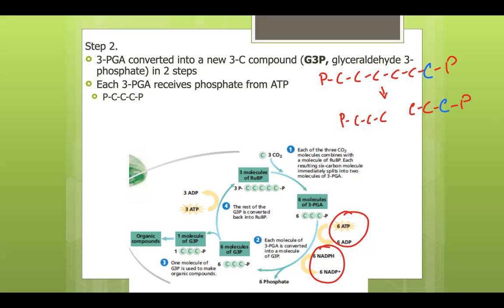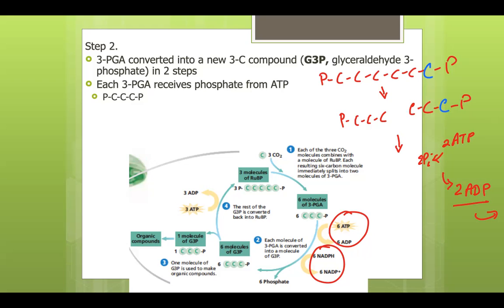Now you're going to use ATP, and you need 2 ATP. So you take a phosphate off of each one, so you're left with 2 ADP. And this goes back to the light reactions. These 2 phosphates are going to be put on the other side of your 3-PGA.